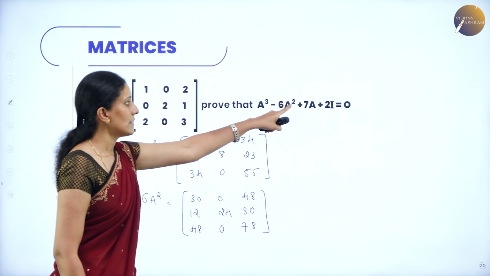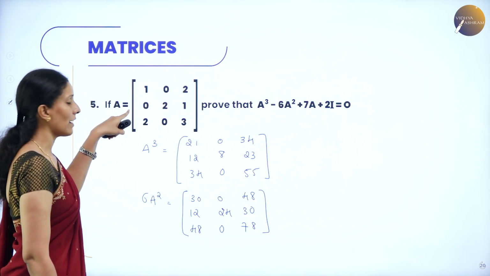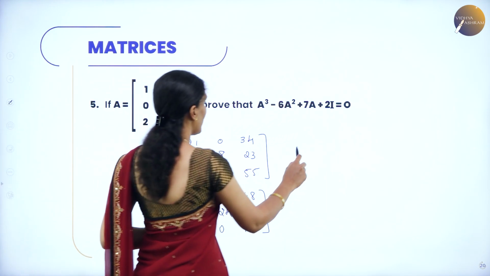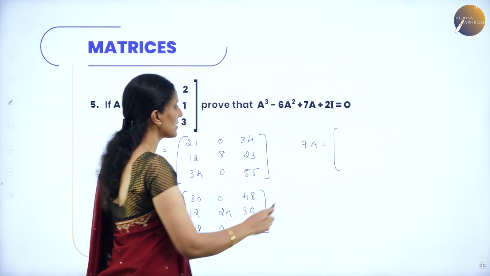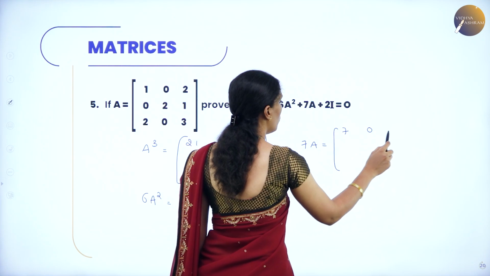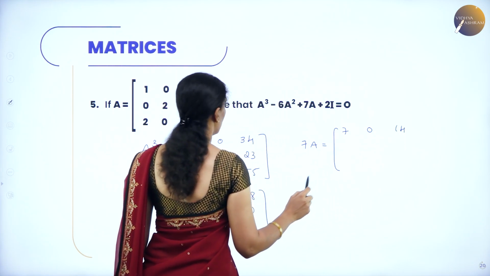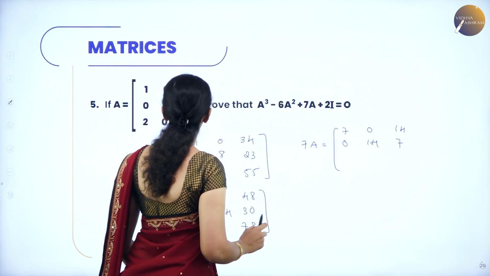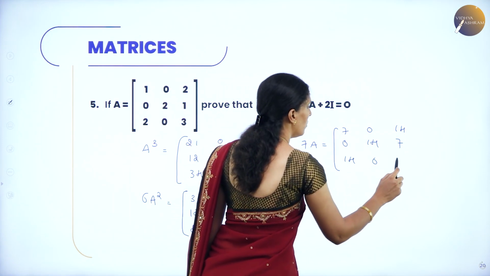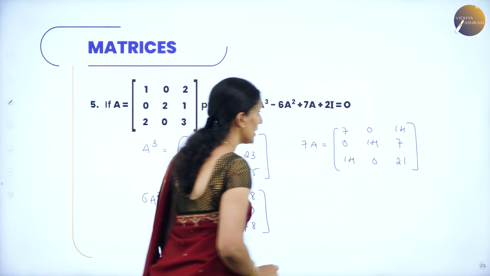And 7A means just multiply 7 to the given matrix. So when you multiply 7 with A, it is 7, 0, 14, 0, 14, 7, 14, 0, 21. So this is 7A.